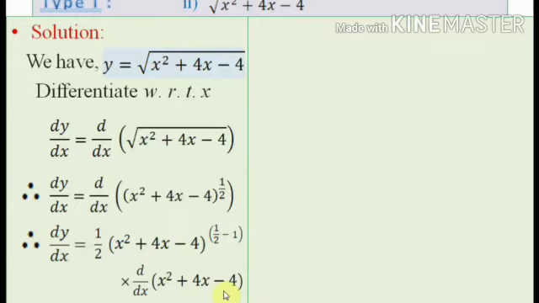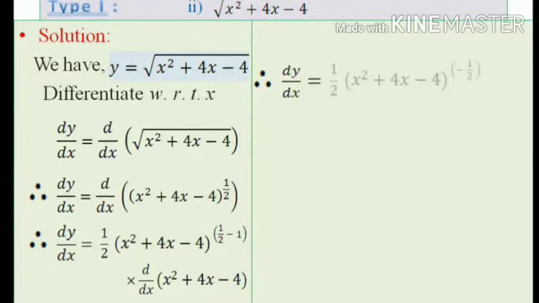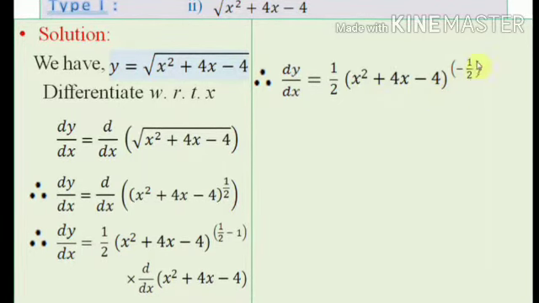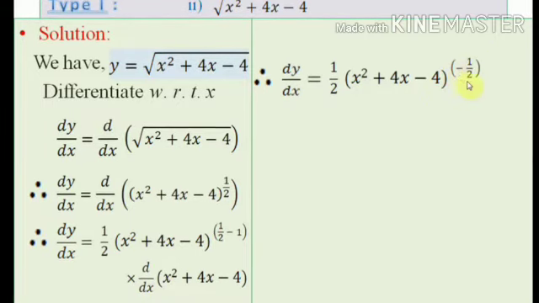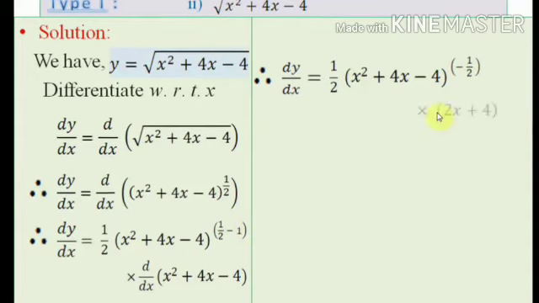Therefore dy by dx equal to, first term as it is, 1 upon 2 into bracket x square plus 4x minus 4 bracket raised to 1 upon 2 minus 1, that is minus 1 upon 2, into the derivative of x square plus 4x minus 4. The derivative of x square is 2x, plus 4 into the derivative of x which is 1, that is 4 into 1 is 4, minus the derivative of a constant, which is always 0. And therefore the derivative of x square plus 4x minus 4 becomes 2x plus 4.